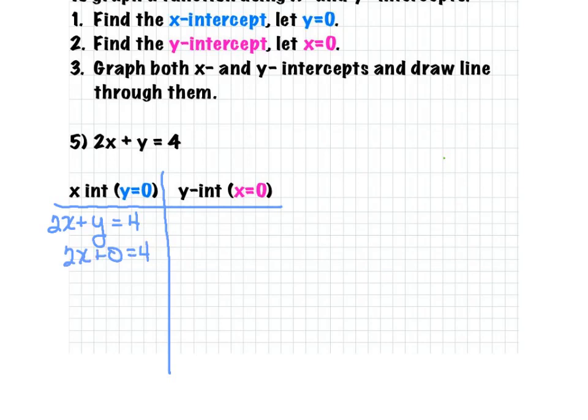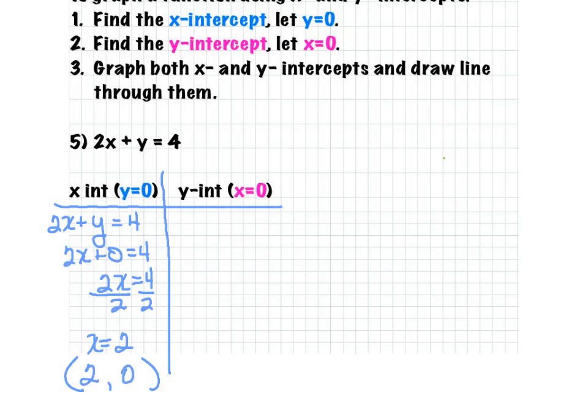Well, I know that 2x plus 0 is 2x. And to solve this, we divide by 2 on both sides. So x equals 2. So once I find my x-intercept, then I'm going to write down my point. X is 2, where y is 0. That's the ordered pair that I'm going to graph.